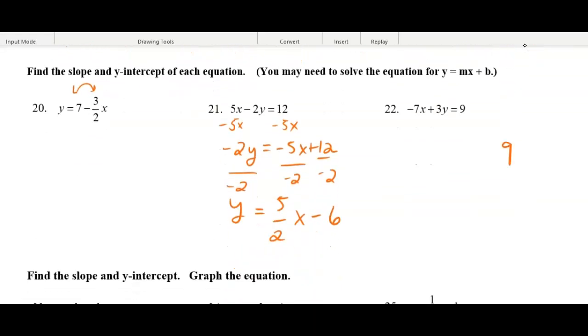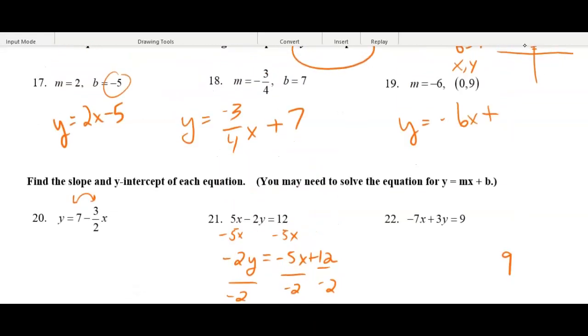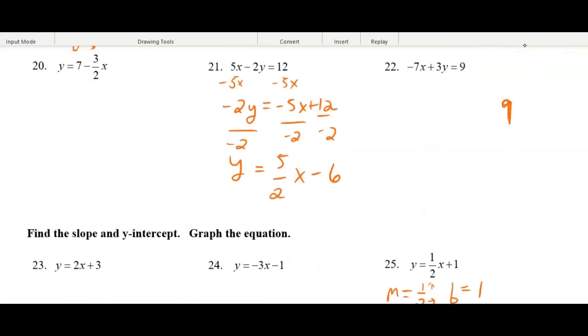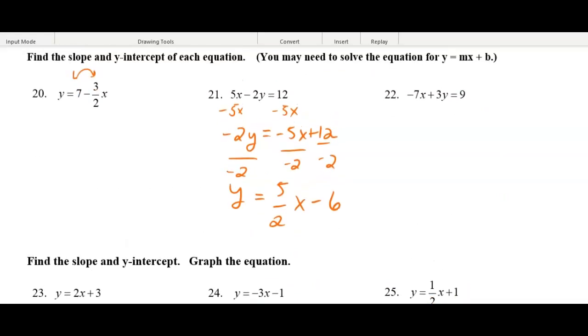How's that moving? That's really weird. Not anymore, it's not. Okay, find the slope and the y-intercept of each equation. You may need to solve. Well, this one here you don't need to solve, you just need to reorder it.